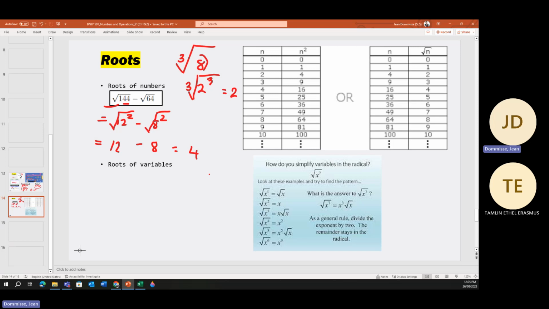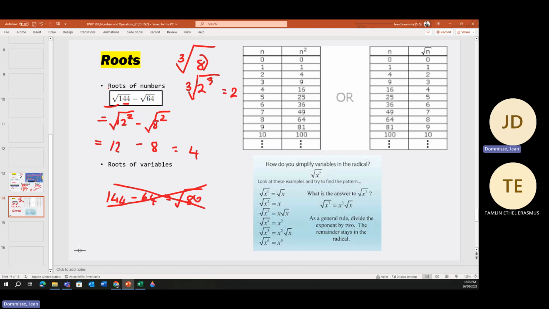The one thing that you should not do, and I think that is important, you can't say 144 minus 64, that gives me 80, and now you work out the square root of that. That is not how you do it.